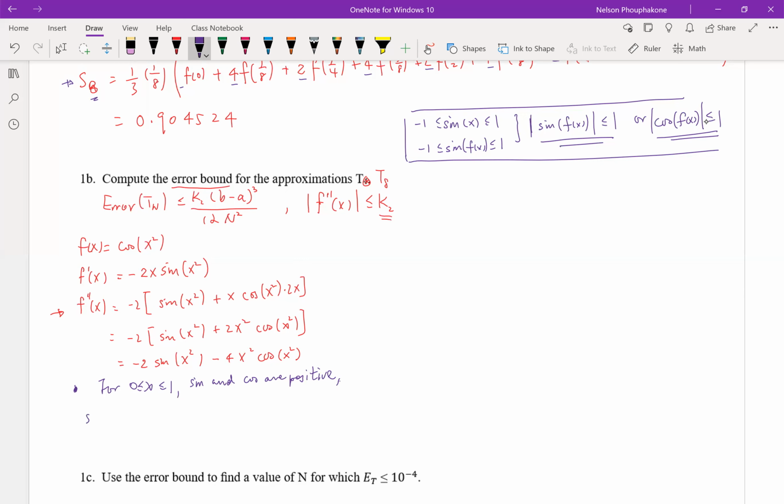So therefore, in this case, if we want to find the absolute value of f double prime of x, then we are going to take the absolute value of -2 sine of x squared minus 4 times x squared cosine of x squared. Okay. And then in this case, we could take out the negative sign.